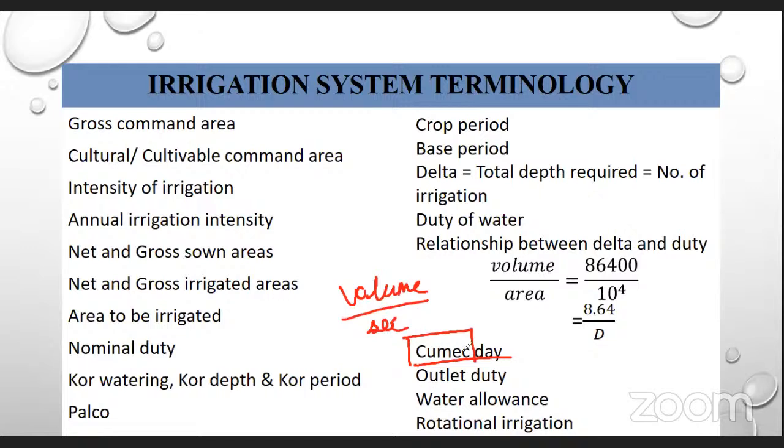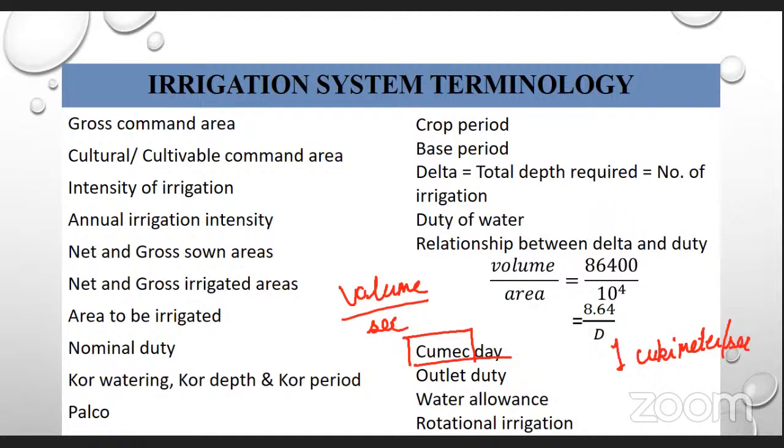But if we talk about the cubic day, then it is the quantity of water flowing for 1 day, and that is at the rate of what? What's the rate over here? That is the 1 cubic meter per second.